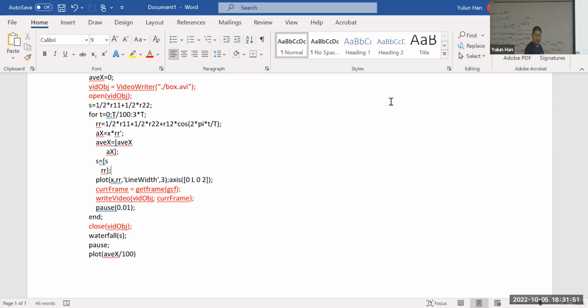Folks, last question. Why do we need to divide this by 100? We said that little t would progress in increments of 100. Why is it related to that?